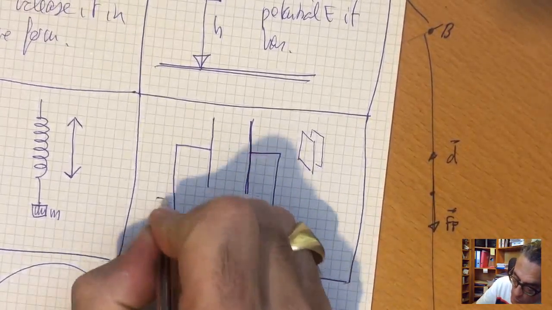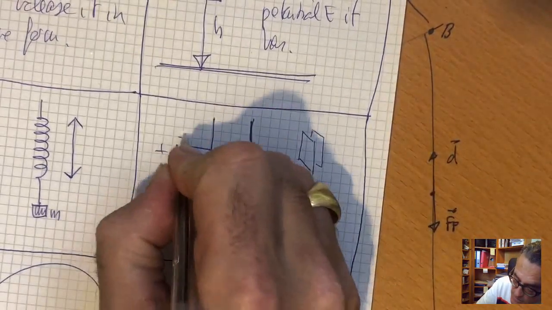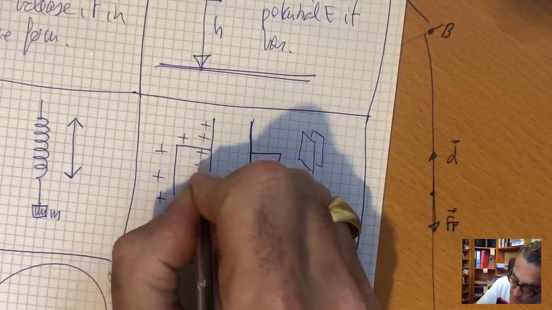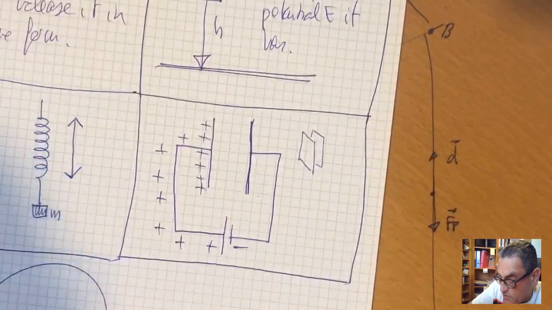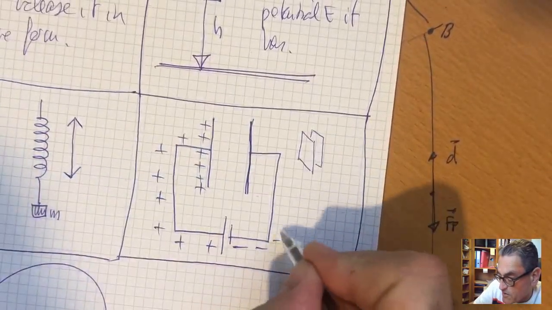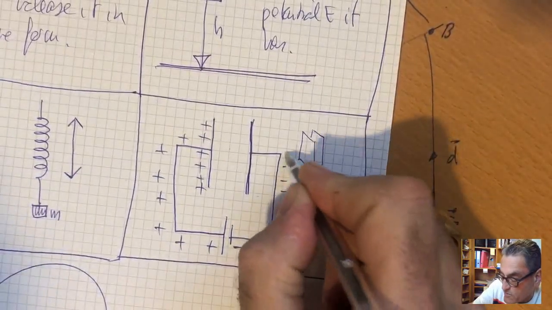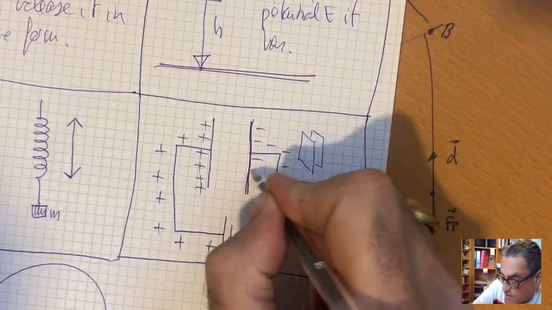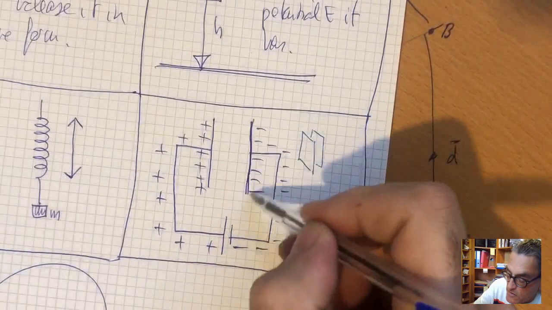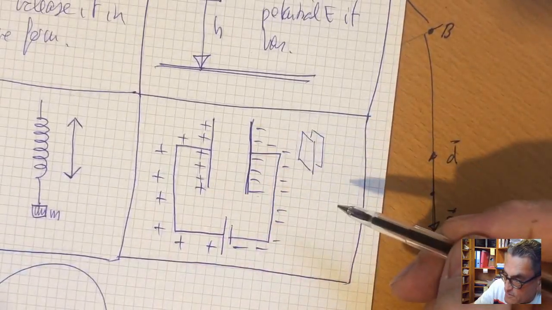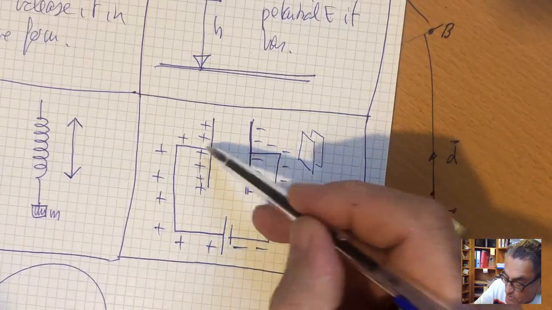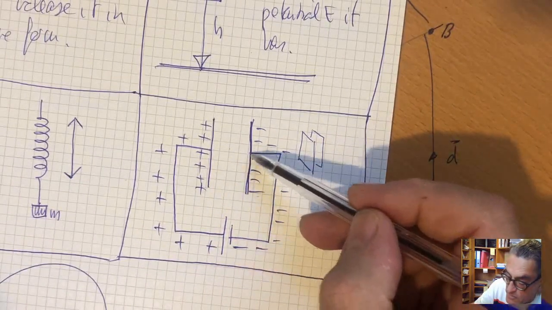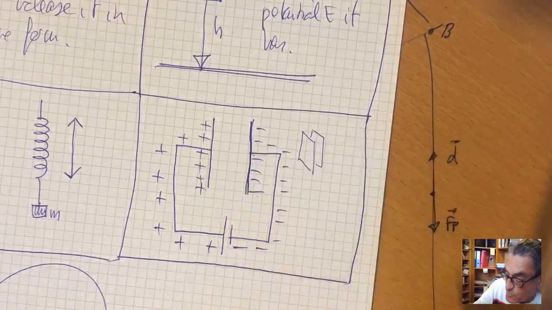So actually all the wire and the plate on the side of the plus pole is going to be charged positively, and here we will have an excess of electrons, and the electrons will accumulate here. There is no current which can go from here to here, because in a capacitor there is no contact between the two plates.